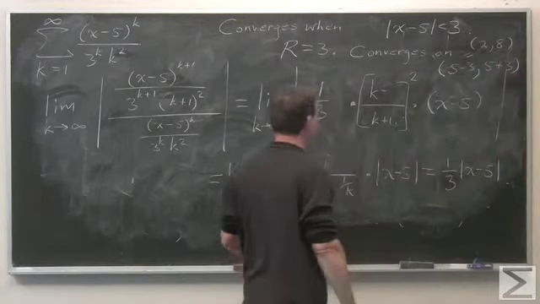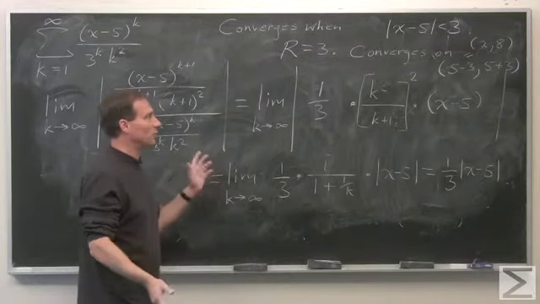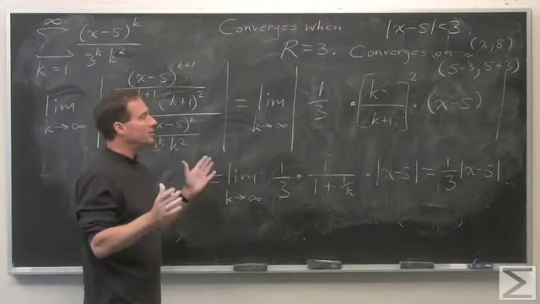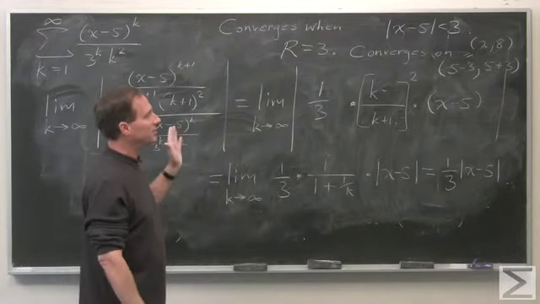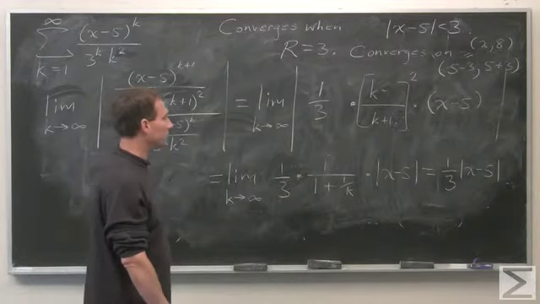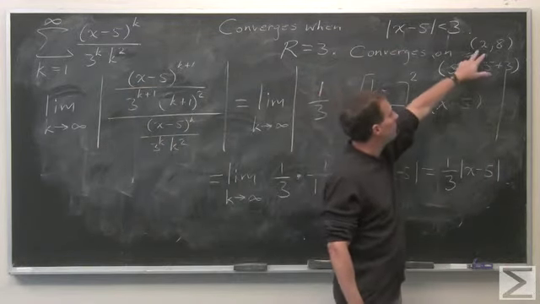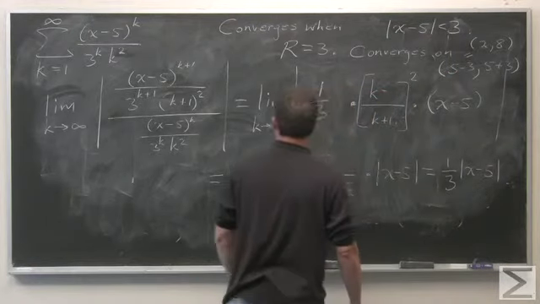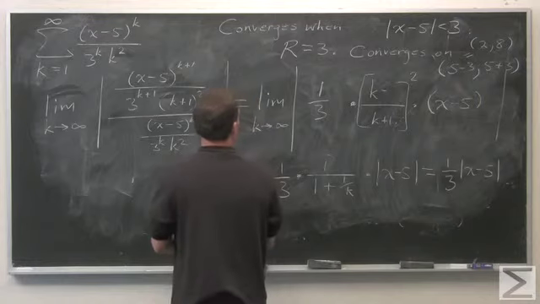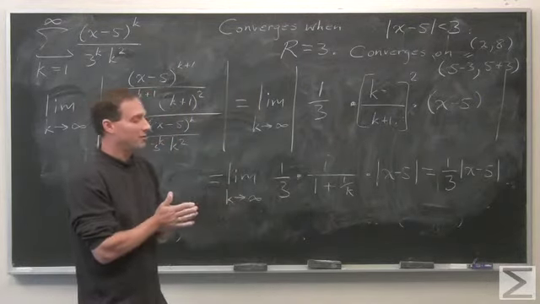Now, it might also converge when x is 2 or 8. But it certainly diverges when x is less than 2 and x is greater than 8, because that's when the absolute value is greater than 3. So it might converge at one of these endpoints, but we at least know that it converges on the interval from 2 to 8. So it has radius of convergence 3, and it's centered at 5.